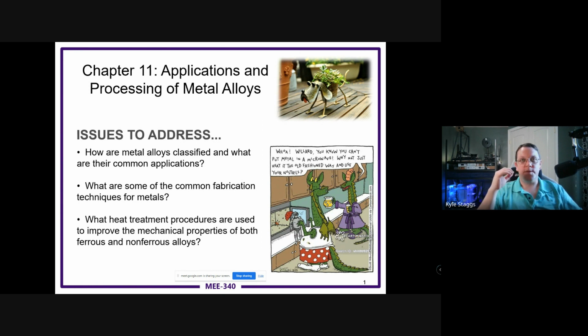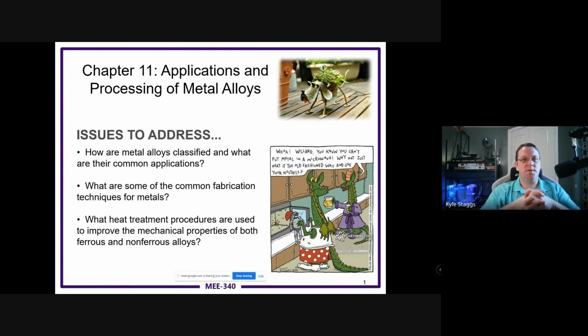There's a lot of things that we're going to cover in this particular chapter. So classifications, as well as some common applications, what some of these different material values mean, what the different concentrations mean, all of those things. There are also some fabrication techniques that we'll talk about and what they do, as well as some of the heat treatment procedures.